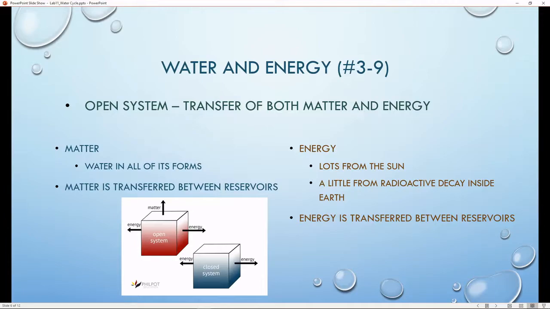Pretty straightforward. Number 4, if the Earth warmed and there was more heat energy available, would evaporation increase or decrease? Evaporation would increase because you have more heat energy available to drive that change from liquid to gas. Number 5, how would a warmer Earth alter the hydrologic cycle?